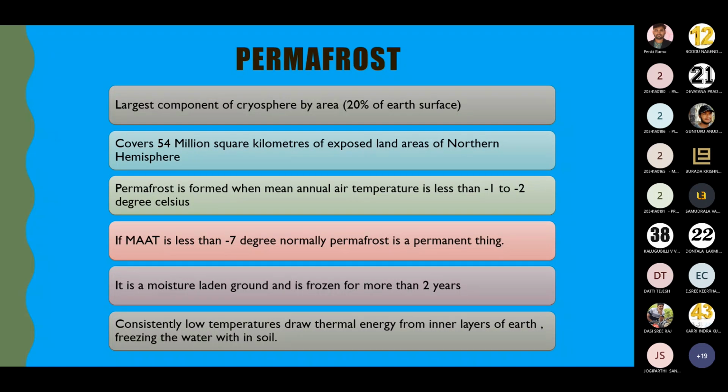So consistent low temperatures draw the thermal energy from inner layers of the Earth's surface, freezing the water within the soil. If the air temperature over the ground surface is very low, let's say -5 degrees, we know how energy transfers from one location to another. Energy always tries to form an equilibrium. In the inner layers of the earth, there is a good amount of energy compared to the outer regions.